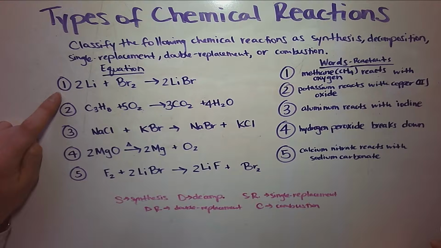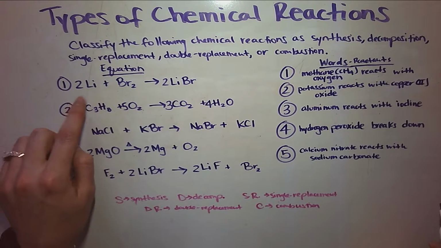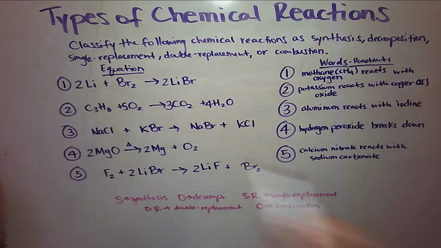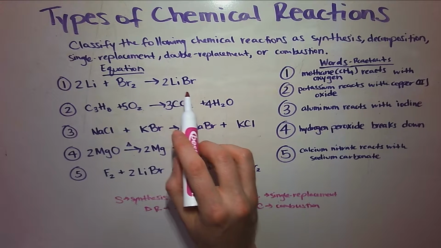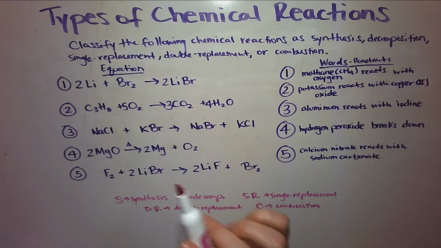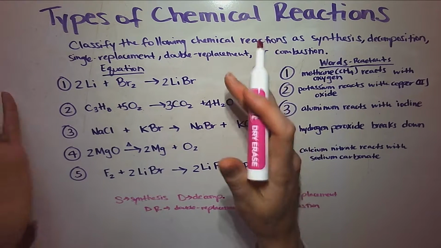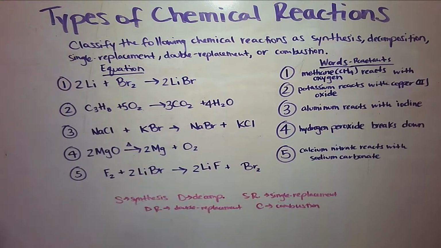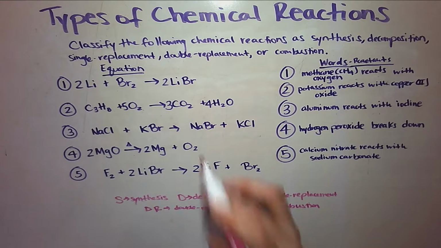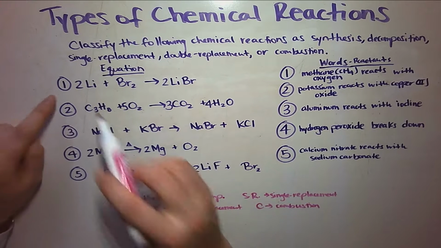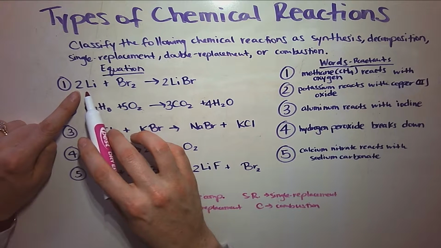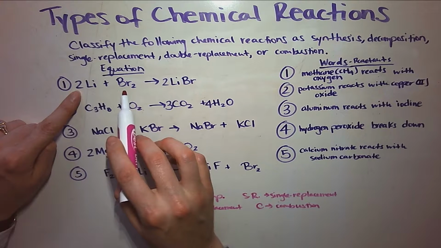All right, so number 1, we have an equation. We have lithium reacting with bromine to form lithium bromide. Your first step when looking at any of these equations is to figure out what you are looking at. Are you looking at 2 elements? A compound initially? An element and a compound? So I have lithium and bromine.